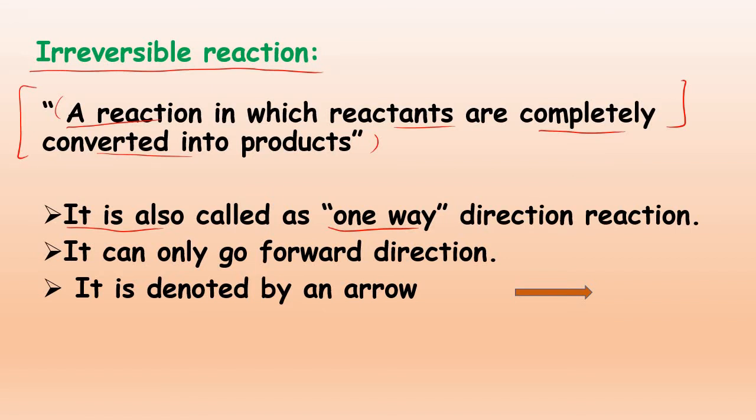The second point is that it can only go in one direction, meaning it can only go forward, reactants react to form the product, right? The last point is that it is denoted by the single arrow, like look at this one. This is the arrow used in the irreversible reactions.